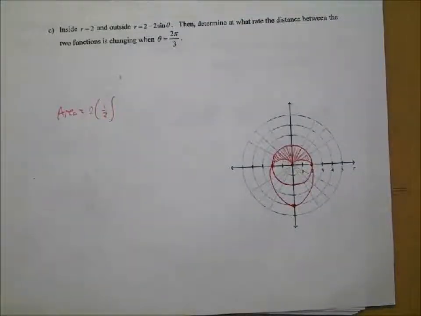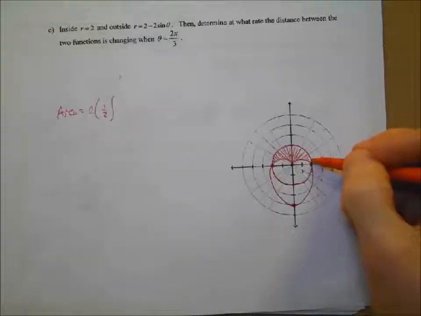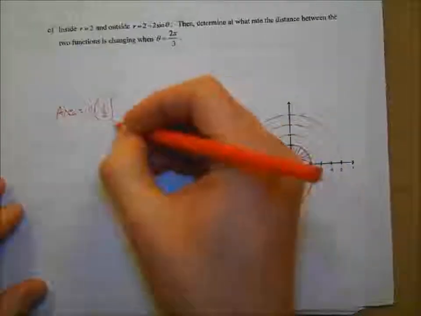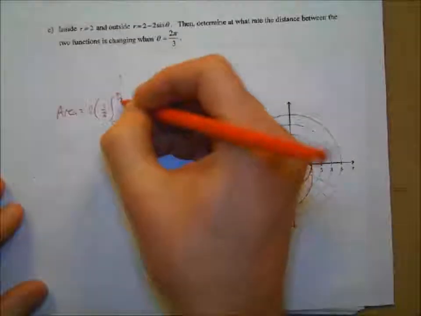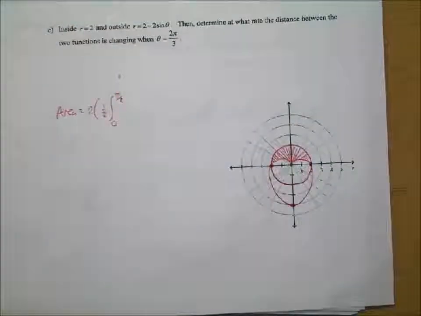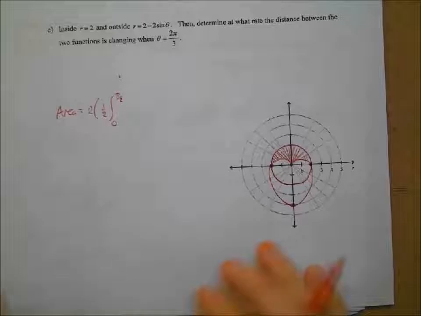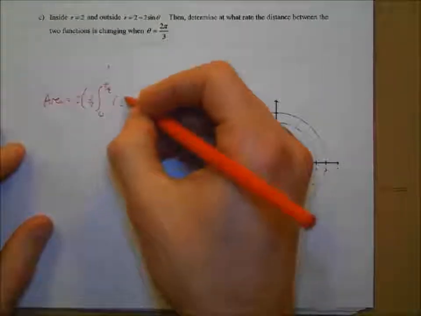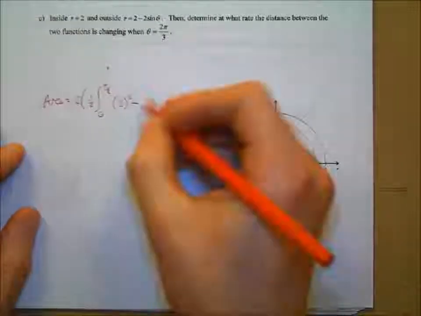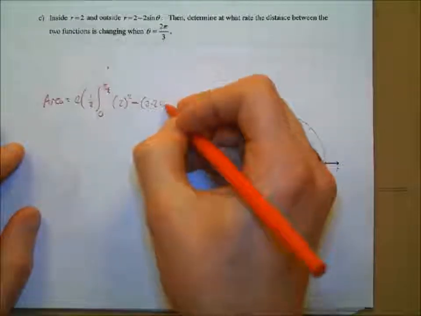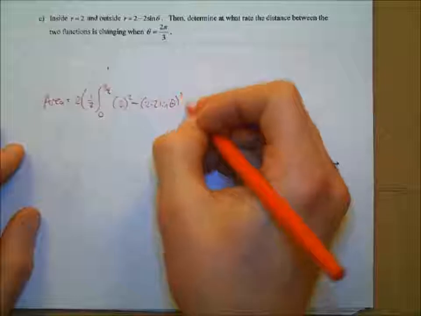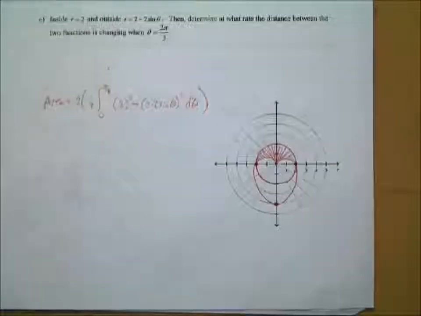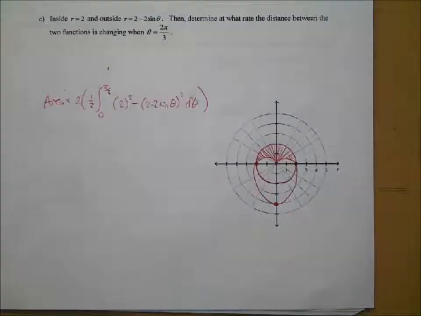2 times 1/2 the integral, and what are our limits of integration going to be? 0 to pi over 2 in this case, right? Okay. There's no slivers, right? Woo, thank goodness. But we do have an outer and an inner. What's the outer curve? 2 squared, and the inner curve? 2 minus 2 sine theta squared d theta. Okay? There's an additional question we have to answer still, but there it is.